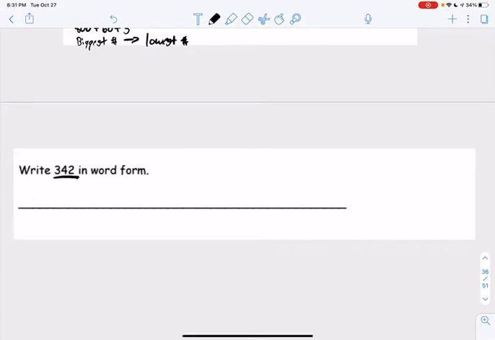So what's the first thing that you hear in 342? The first thing I hear is 300. And then what's the next thing you hear? The next thing you hear is 40. And then 2.